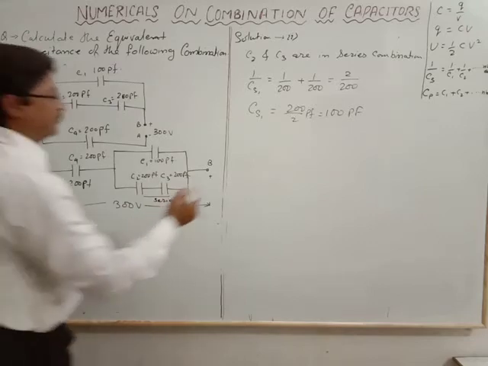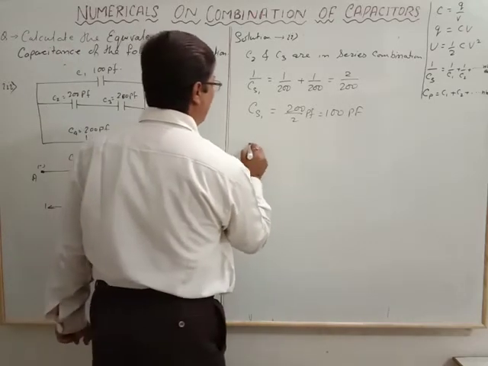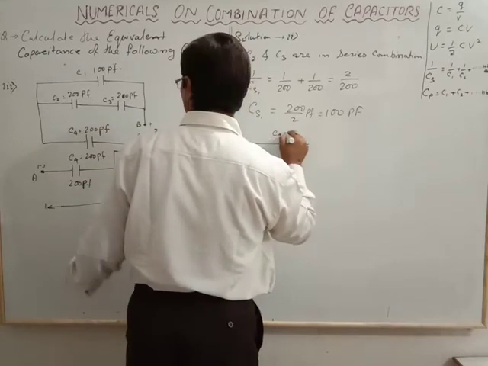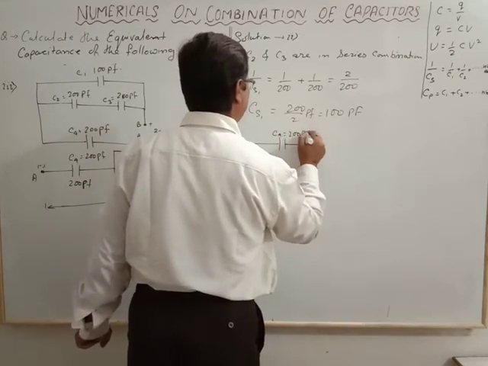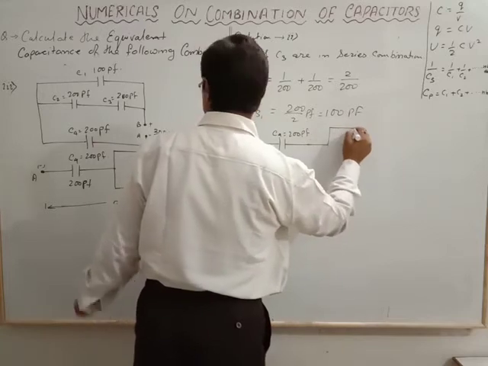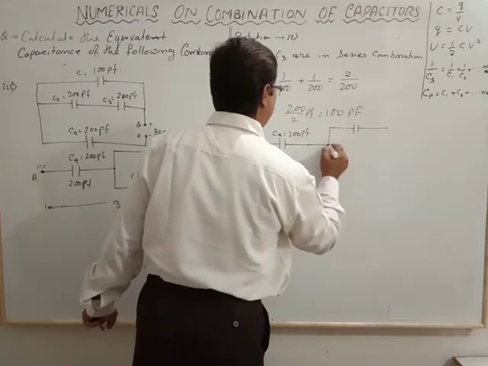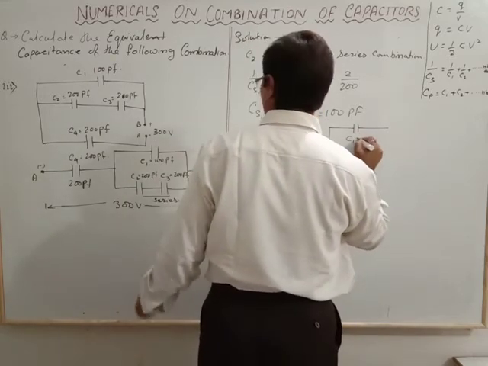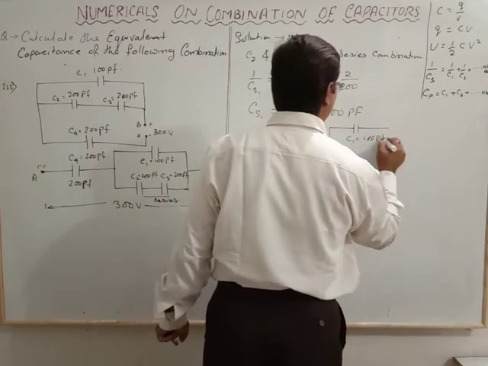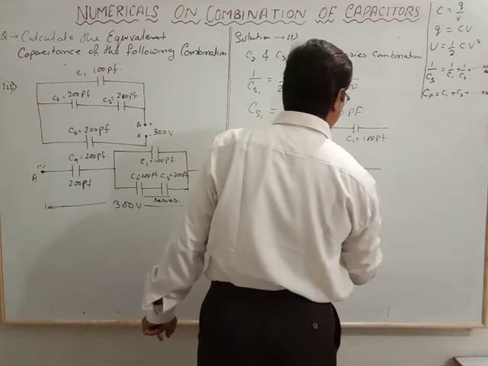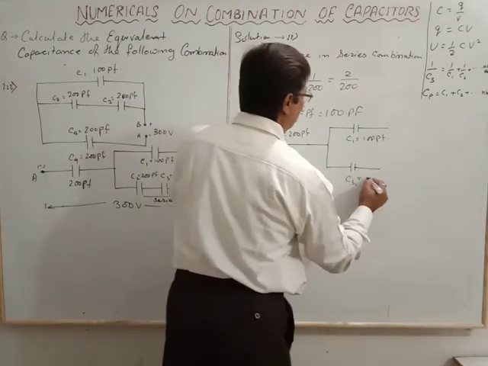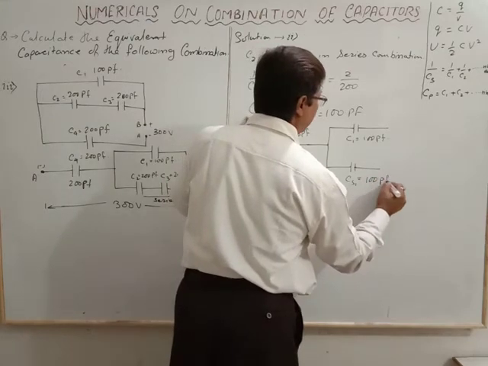So the circuit becomes like this. That is the A point, and here is one capacitor C4 of 200 picofarad. Here C1 is connected of 100 picofarad, and CS1, which we calculated earlier, is equal to 100 picofarad.